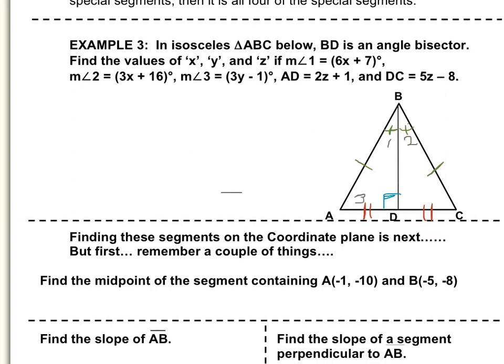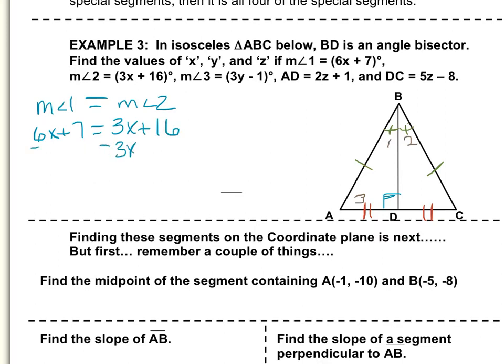So what I'm going to solve for first is x. I notice that angle 1 has an x in it, so I have the measure of angle 1, and angle 2, so I know I'm going to be dealing with the measure of angle 1 and the measure of angle 2. Because this is an angle bisector, I know those two are equal. So if the measure of angle 1 is represented by 6x plus 7, and the measure of angle 2 is 3x plus 16, I can set those equal to each other and then solve for x.